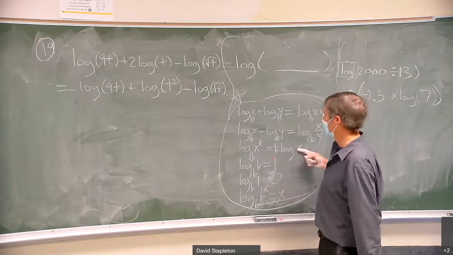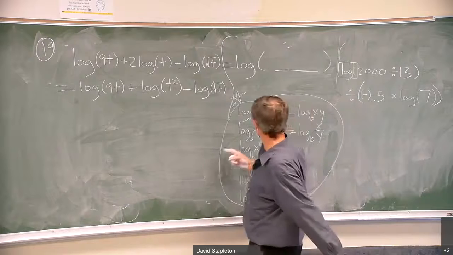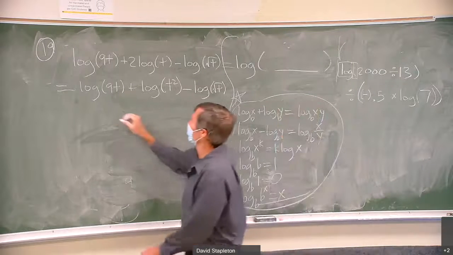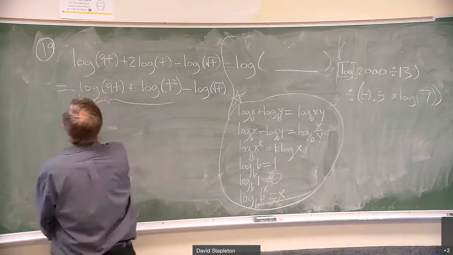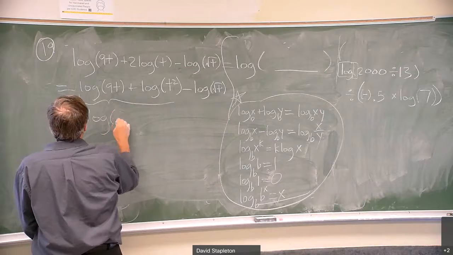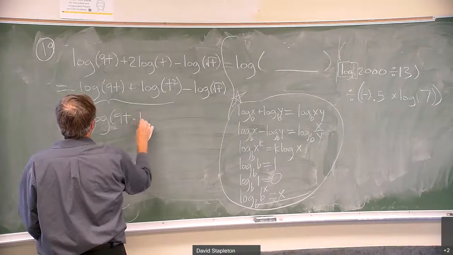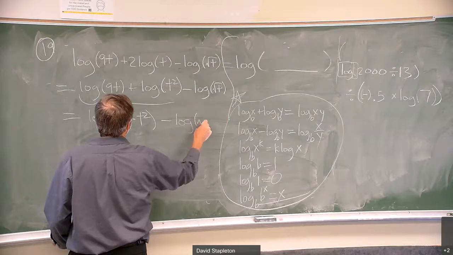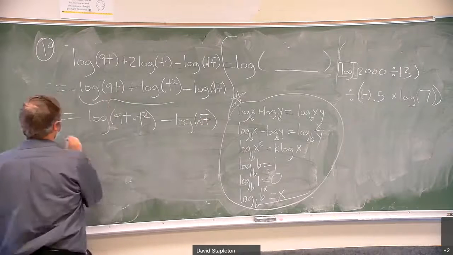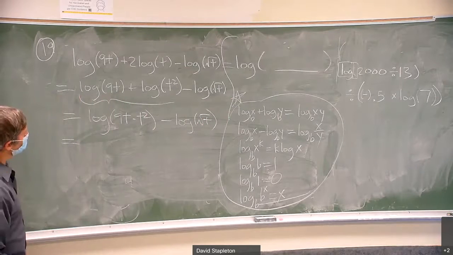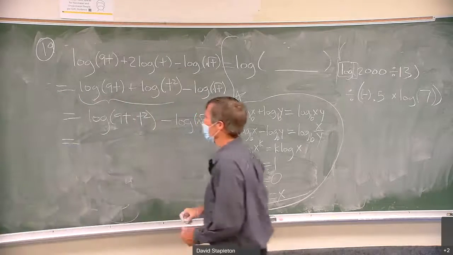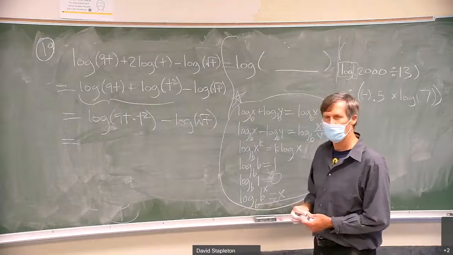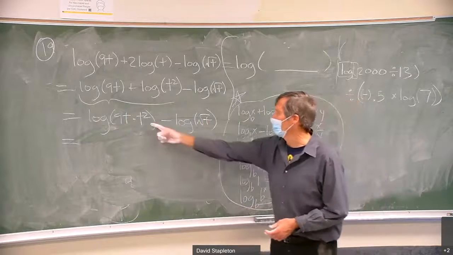That was this one. Now we use the property that says if you have the sum of logarithms, you write them as a logarithm of a product. This is log of 9t times t squared. And then I have the trailer here, log of square root t. Now what should I do next? I have a difference of logarithms.